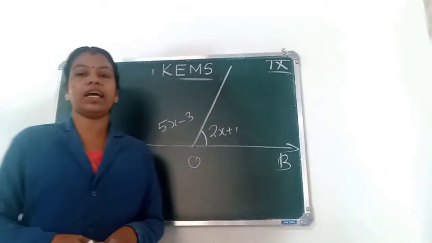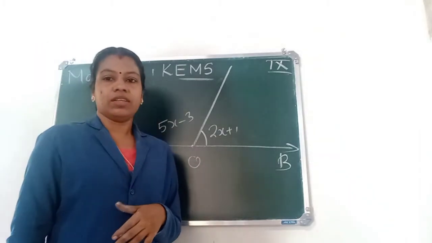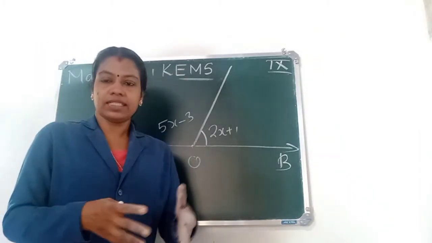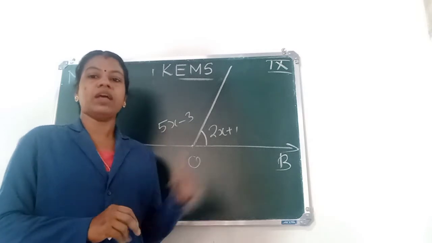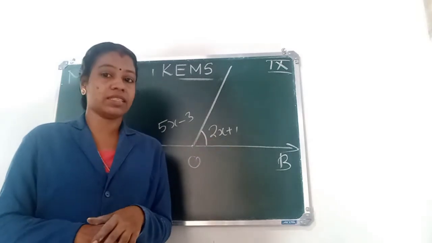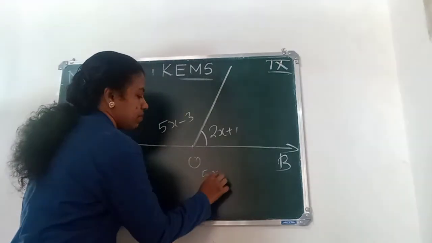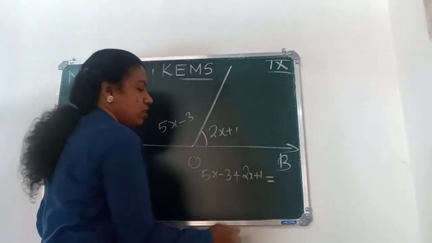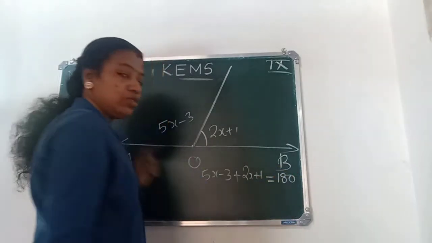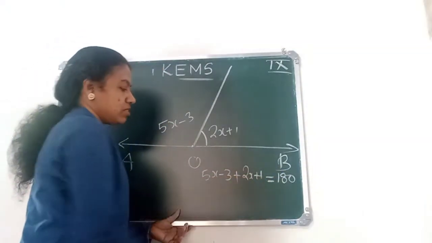First find the unknown, the value of x. So how will you find? According to the linear pair axiom, the sum of these two angles is 180 degrees. Just equate: 5x minus 3 plus 2x plus 1 equals 180. Now solve for x. 5x plus 2x is 7x.